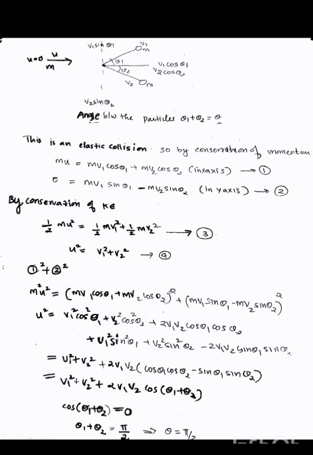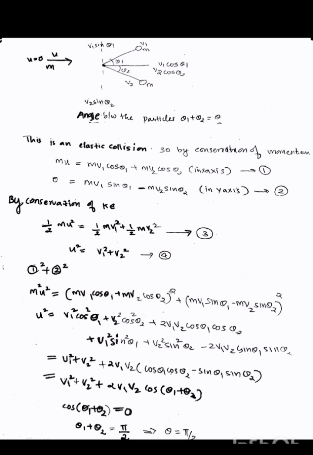So let the initial velocity be u is equal to 0, and another ball is moving, so that it collides with the other. One particle moves with the velocity v1 and another moves with the velocity v2, making angles theta 1 and theta 2.